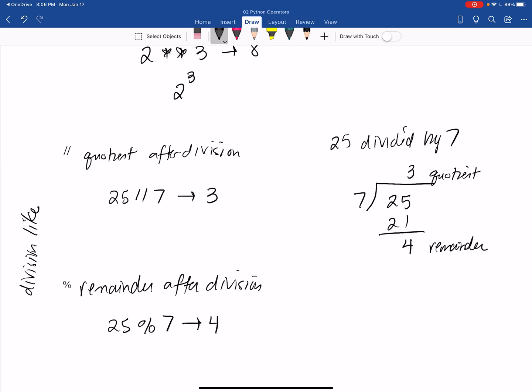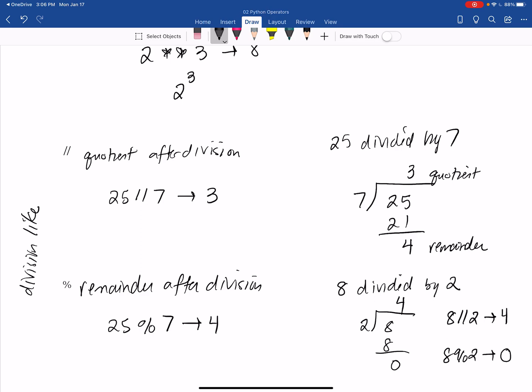We could do 8 divided by 2. 2 goes into 8 4 times with a remainder of 0. So 8//2 would be 4, integer division just like you remember it. And 8%2 would be 0 because there is no remainder.